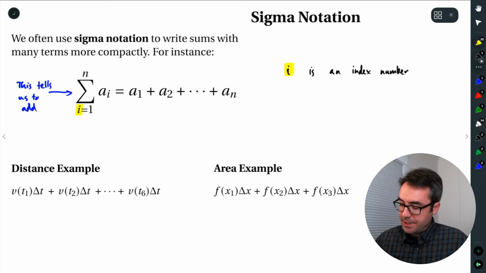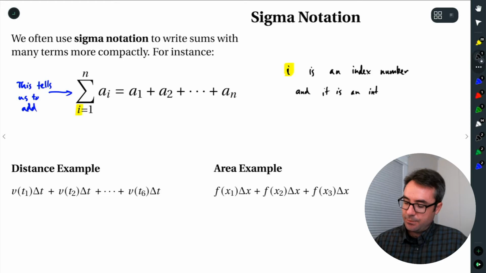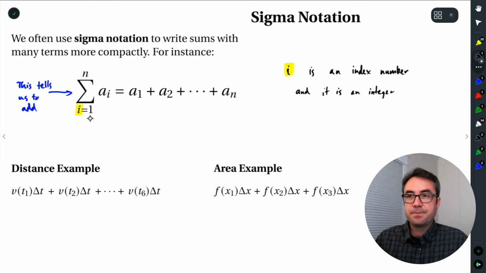It's usually an integer, usually a non-negative integer. So most of the time we're going to be talking about integers starting at 1 and then going up to some larger integer n.